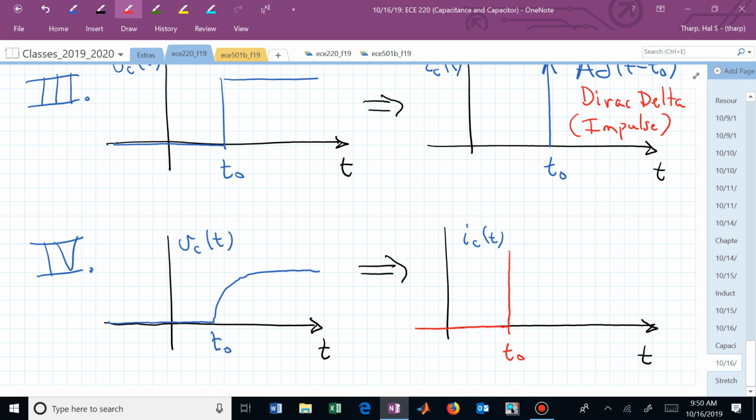What's that voltage waveform look like for high values of time? It's flat, it's constant. And what's a capacitor do under constant supply conditions? When V is constant, dV/dt becomes 0. So now we're going to 0 eventually, and that's our current waveform for that particular voltage waveform.